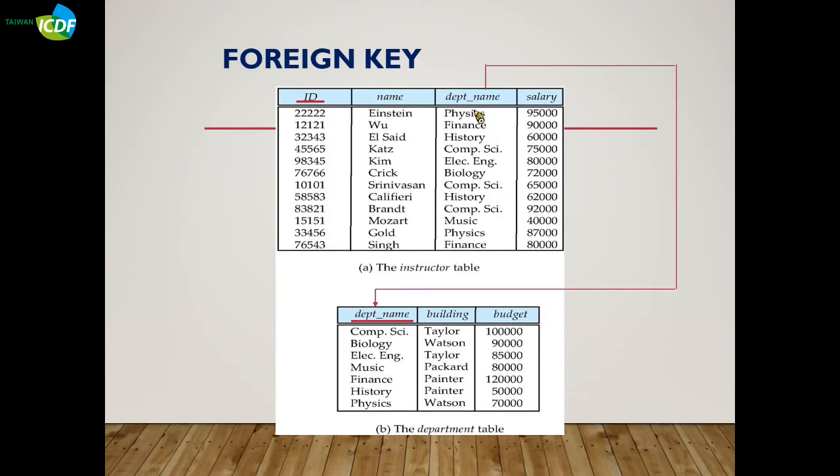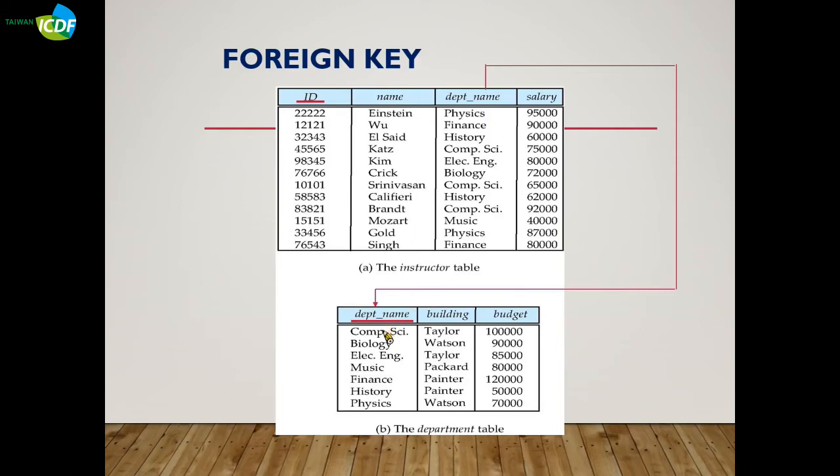So here we can regard the department name as the foreign key of the instructor table, because we can get more information through this referencing relationship to another table.